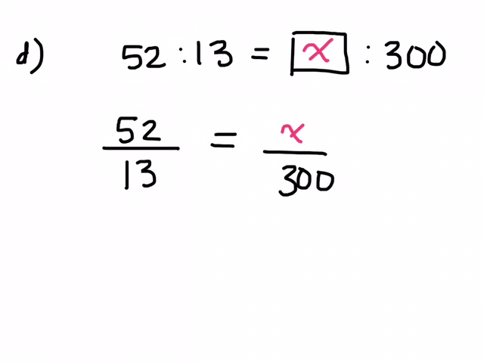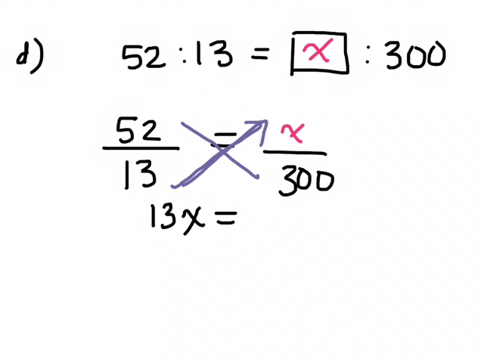Okay, now you can try the method I just taught you of cross multiplication. So if you want, even draw an X on your page. Cross multiply. And I always like to keep the variable on the left side. Okay, so let's do the variable part first. It's going to be 13 times X. How would I write that? 13 times X would be 13X.